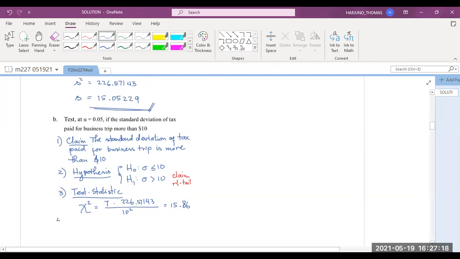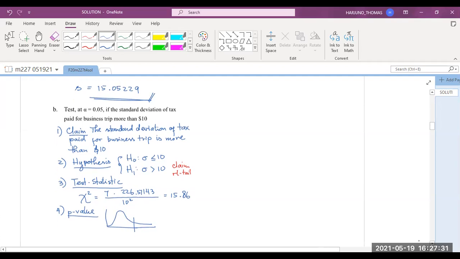Step 4, p-value. So it's a right tail for chi-square distribution. That's 15.86.